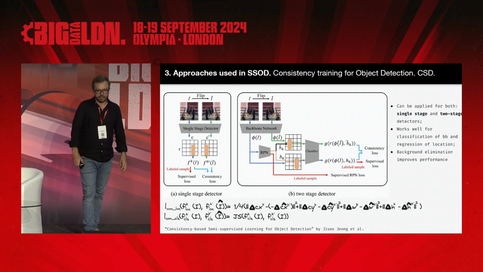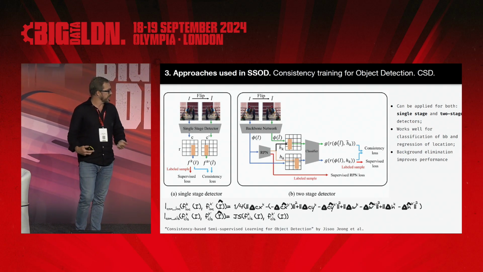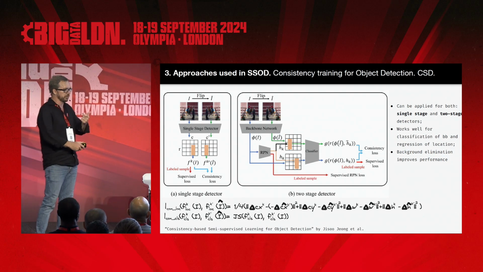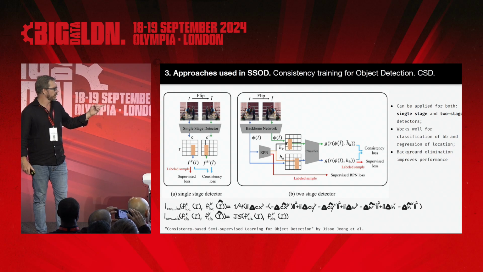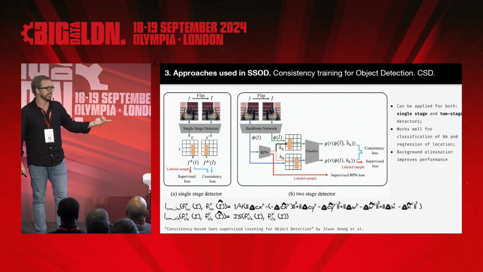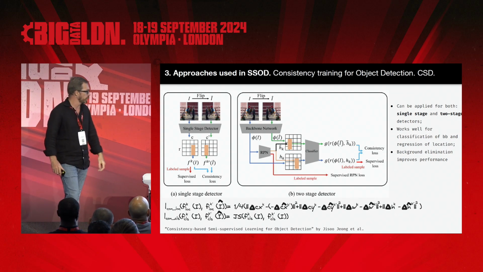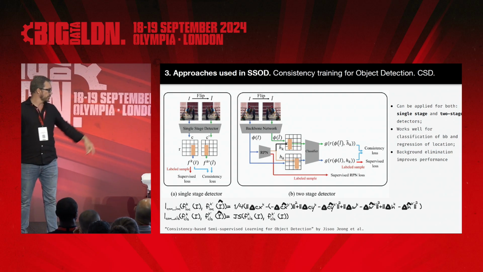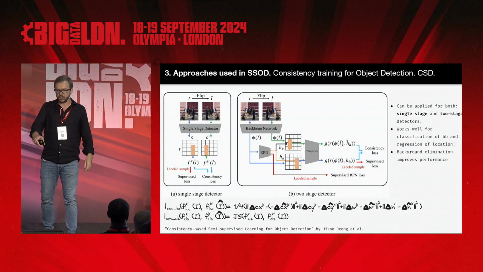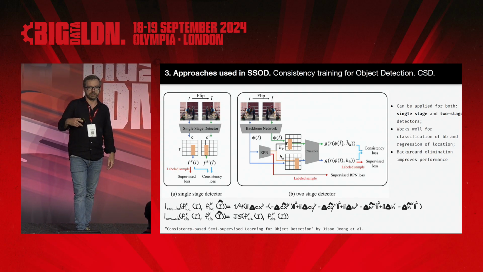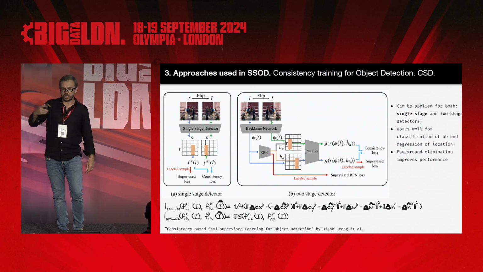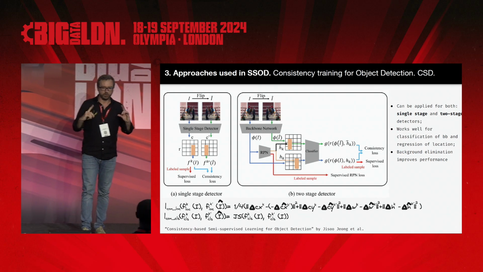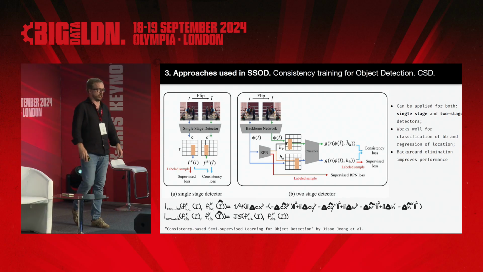For localization, they just use an L2-like loss function, quite similar to what the YOLO authors used. And for the second one, class, they use Jensen-Shannon divergence, which is a slightly more complicated version of KL divergence, I would say.